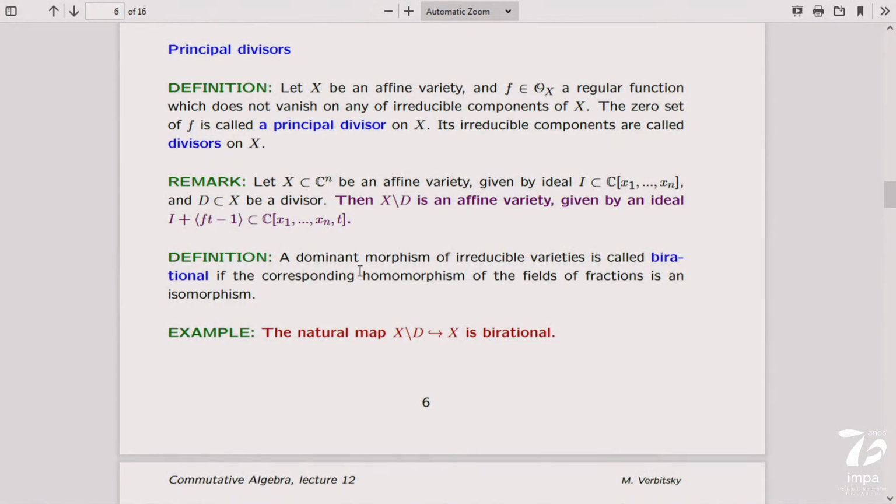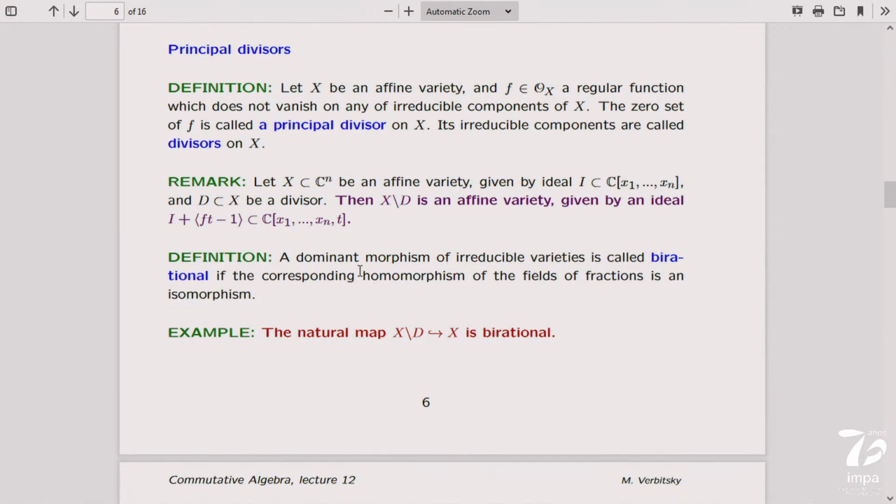Okay. So what does divisor mean in algebraic geometry? It means a subvariety of codimension 1. We didn't define dimension. In fact, you define dimension using the notion of a divisor. But the intuition is like that. Now, principal divisor is like principal ideal.